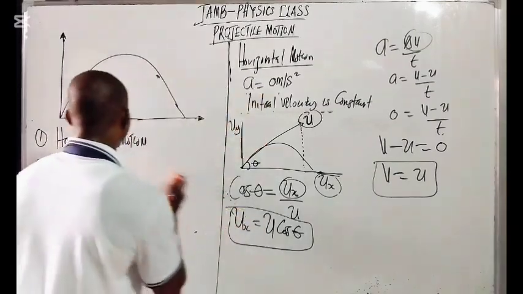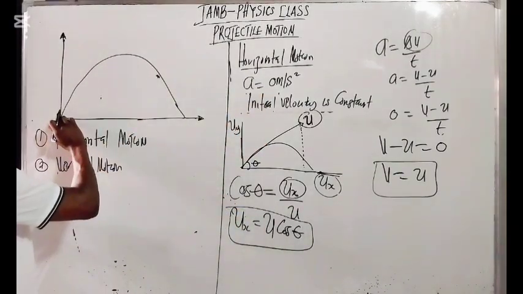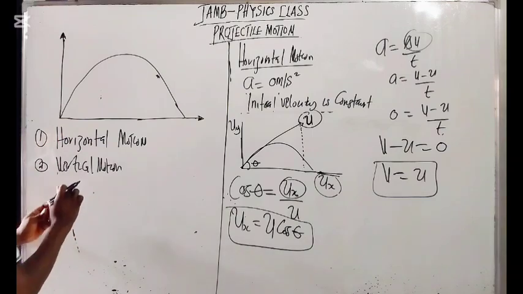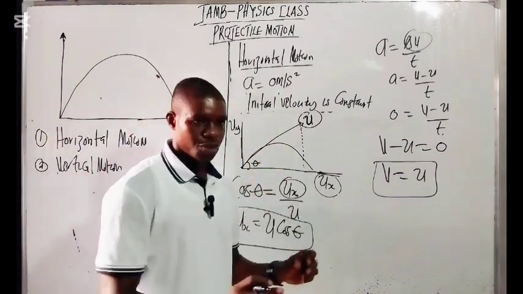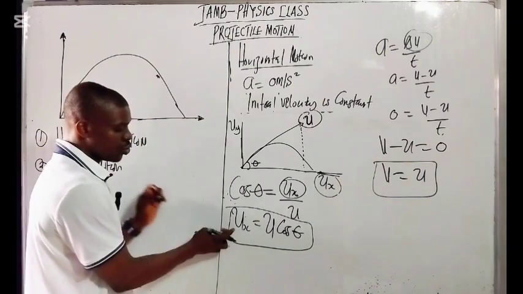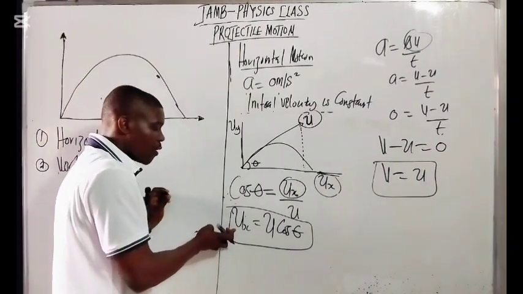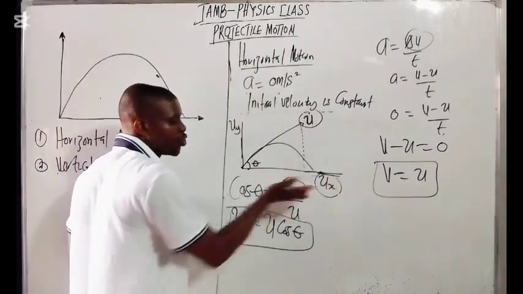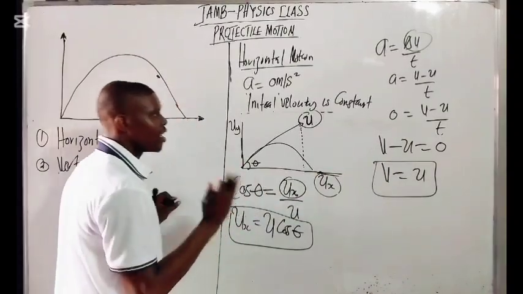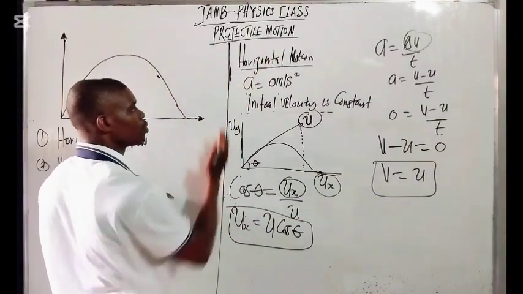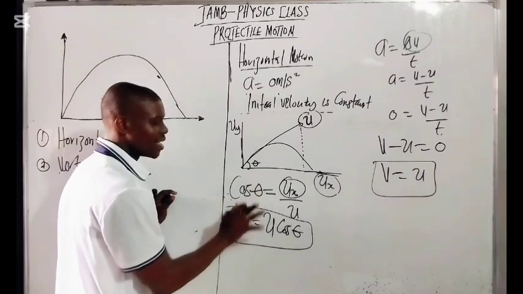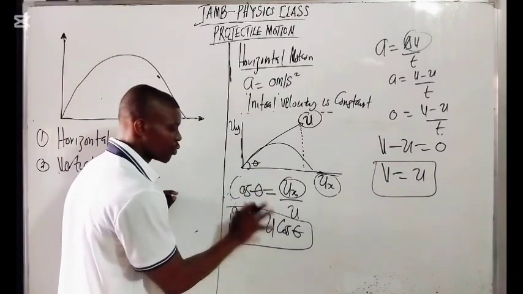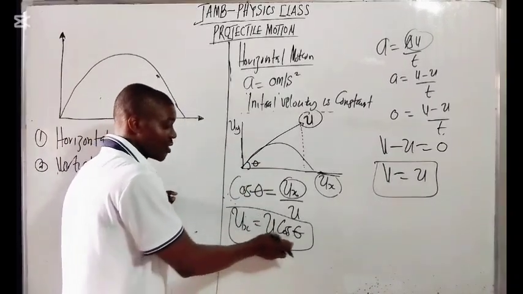At first there's always a velocity used to project it upward, so the velocity does not change in horizontal motion. The formula to use is ux, meaning the initial velocity at the horizontal component. Although in vertical motion we are still going to have a vertical component, here we are talking about horizontal motion. And in horizontal motion, ux equals u cos theta.